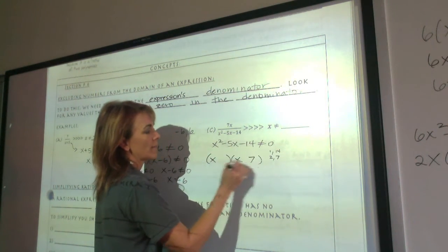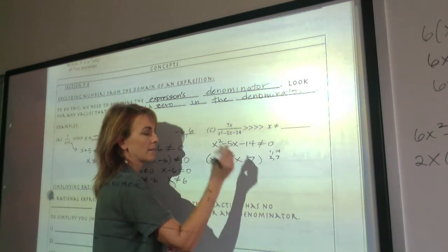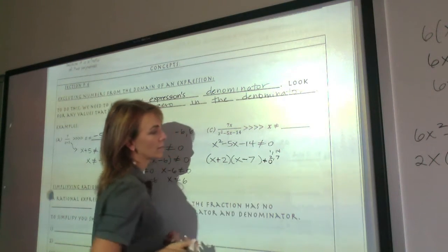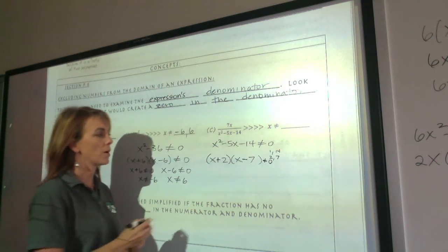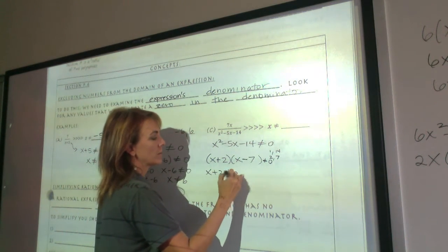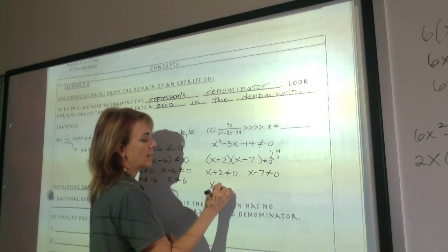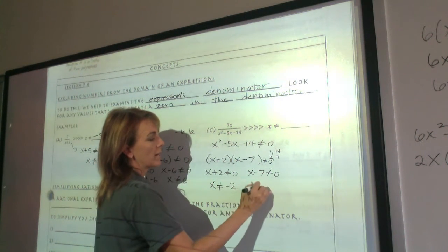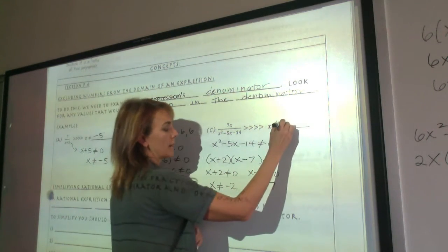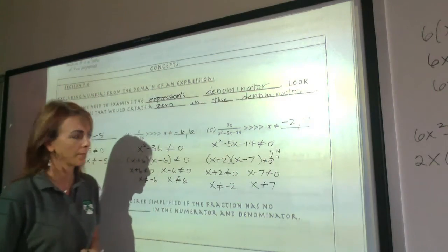I think that we'd have a 7 and a 2 here. And the larger one would take this sign, minus, plus, can't equal 0. Okay, so take each of these, can't equal 0. So x cannot equal -2, x cannot equal 7, and that would be our exclusions to our domain.